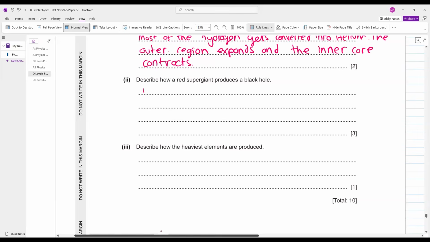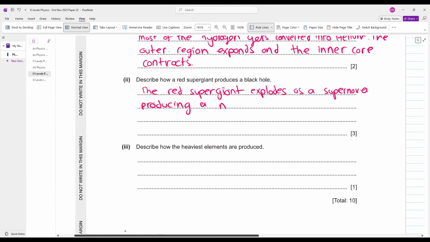Or you can say: the red supergiant explodes as a supernova, producing a nebula and leaving behind a black hole.